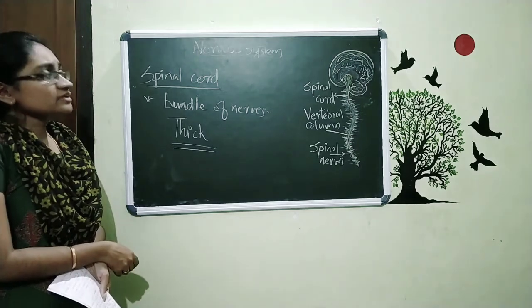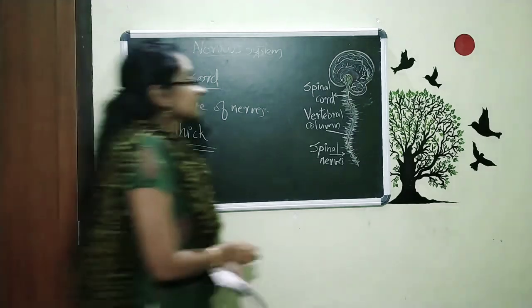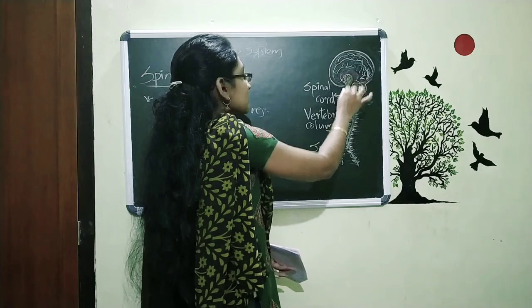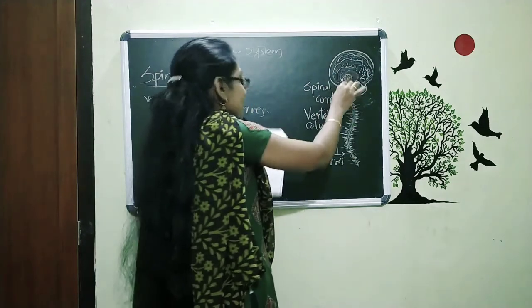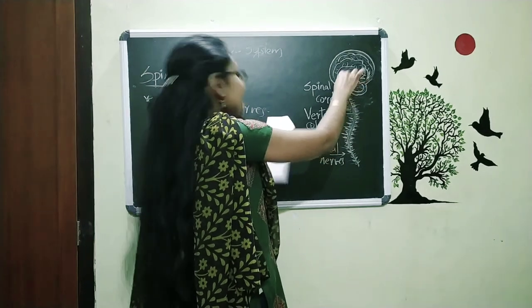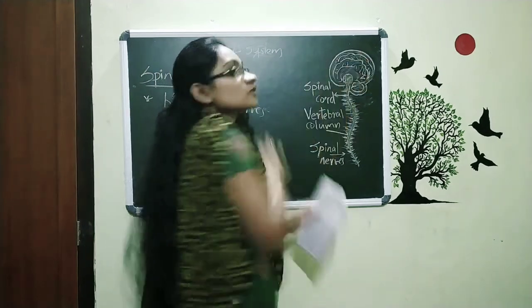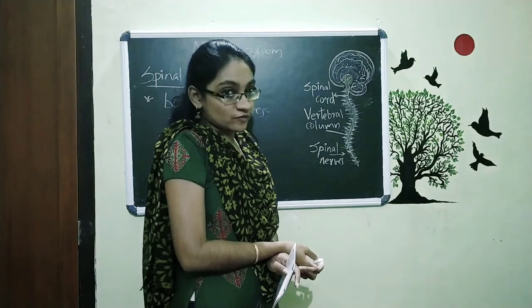And where is this spinal cord connected? You can see here a diagram. This yellow color is what? The spinal cord. The spinal cord is connected to the bottom of our brain, the back side of our brain.